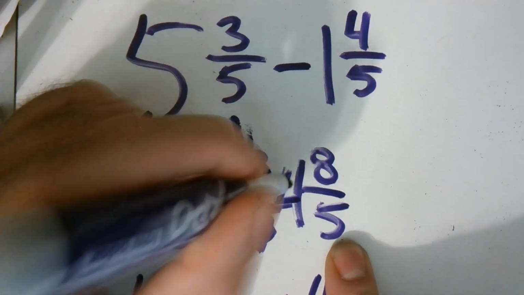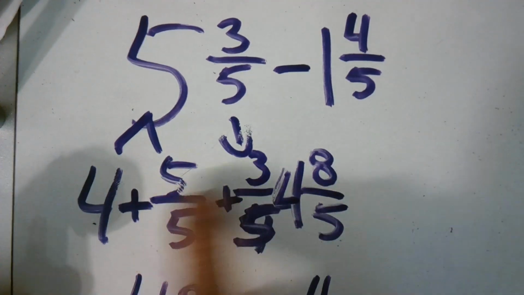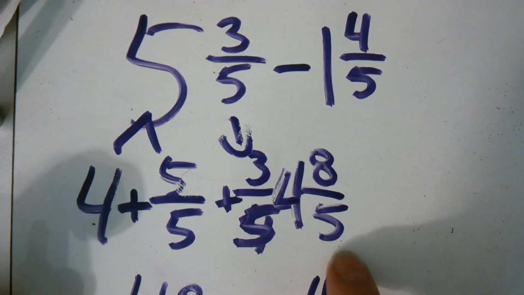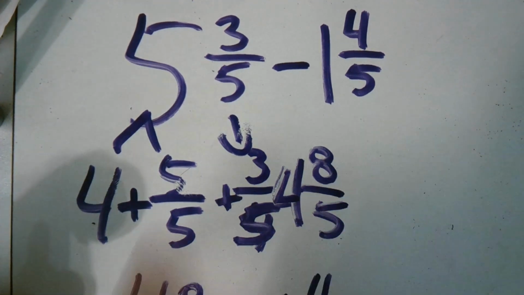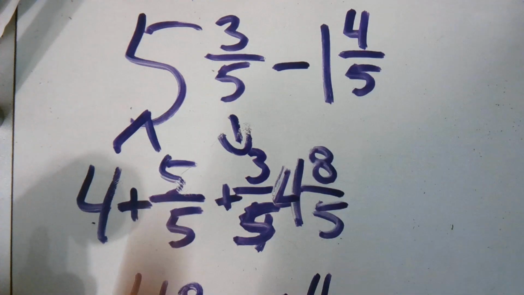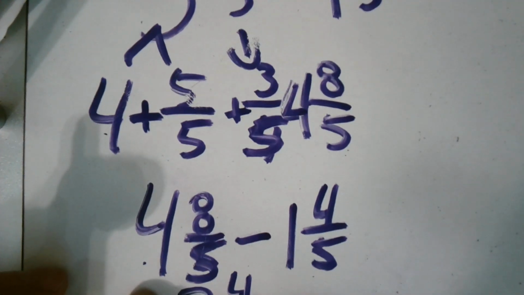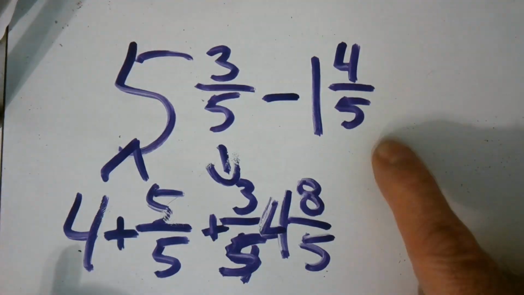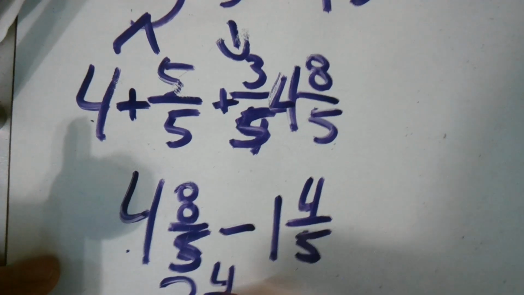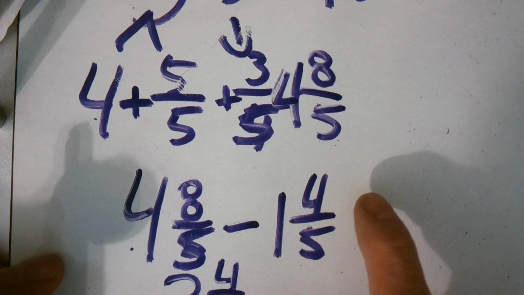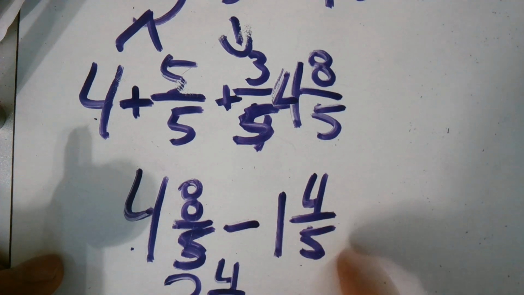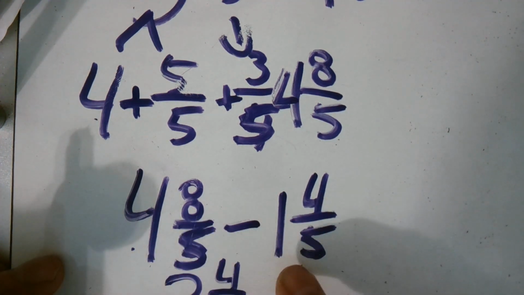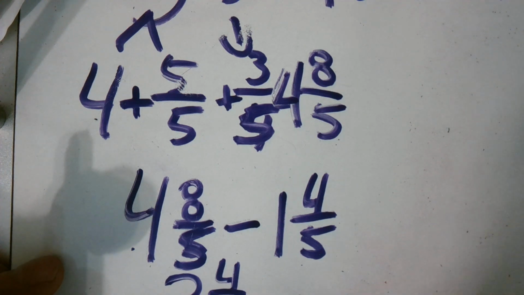That's a 4. So 4 and 8/5. Keep my denominator the same. Now I just make this number this number. 4 and 8/5 minus my original number. 8 minus 4 is 4. 5 stays the same. 4 minus 1 is 3.